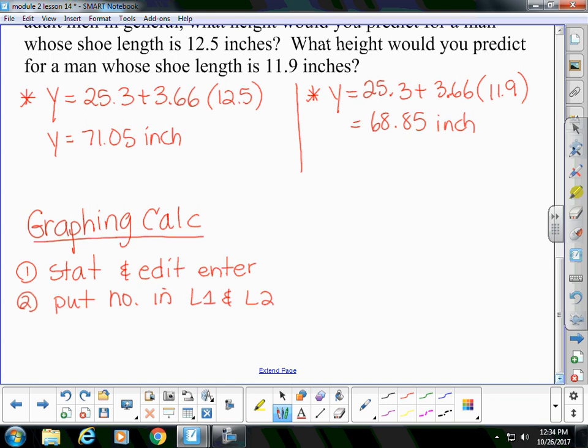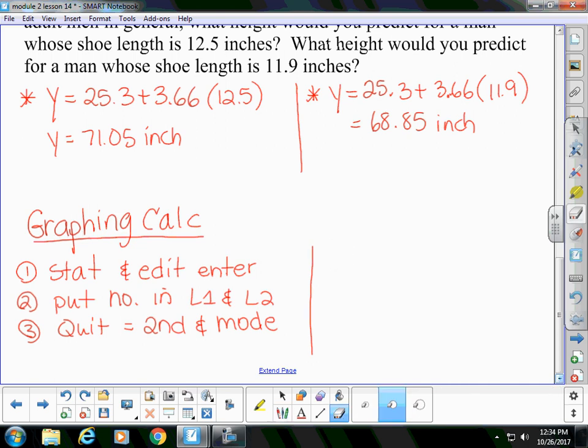Then you can go out of the list by quitting, which is second and mode.